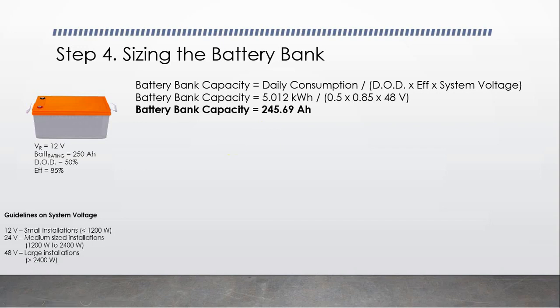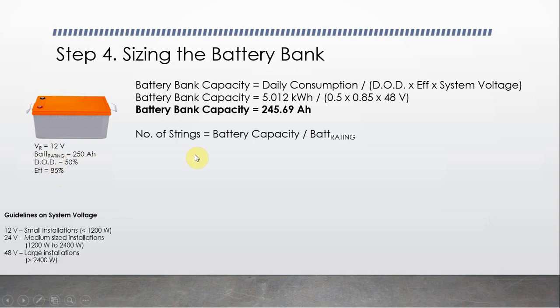Now suppose we have a battery bank right here with a 12-volt output, 250 ampere hour capacity, a DOD of 50% and efficiency of 85%. We'll need to compute for the required battery capacity. We'll have now to compute for the series and strings, the series and string configuration of our battery bank.